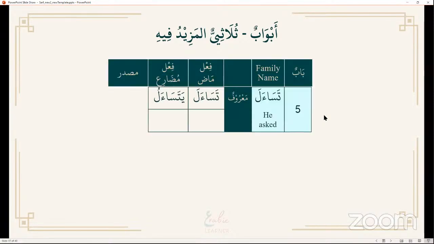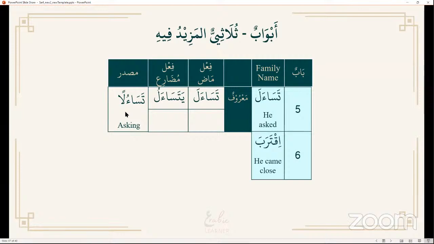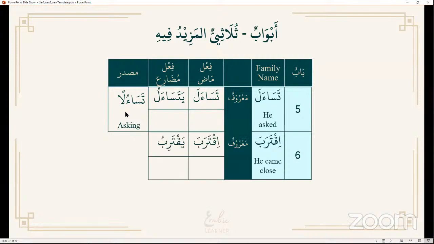Tasa'ala yatasa'alu tasa'ulan. Iqtaraba yaqtaribu iqtiraban.